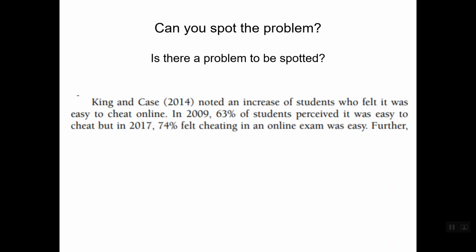Let's take a minute to consider any potential problem. And there it is. Unless King and Case can see into the future, how could they know, in publishing their article in 2014, what was going on in 2017?